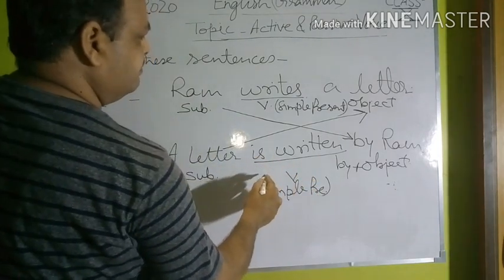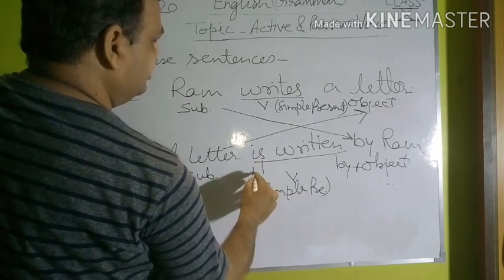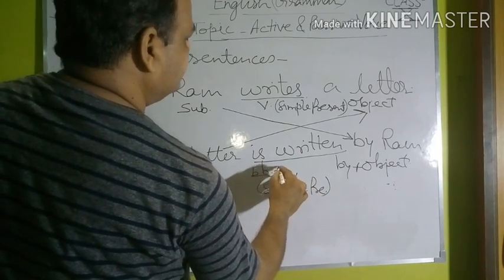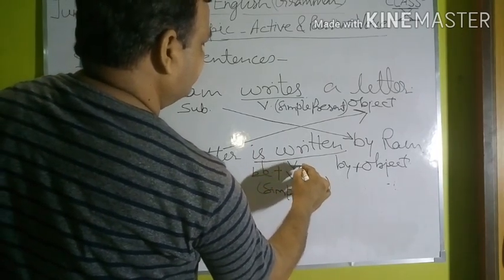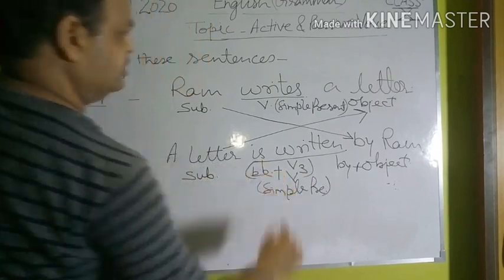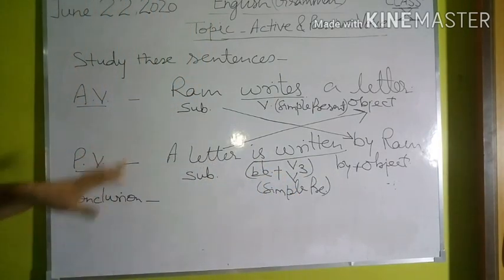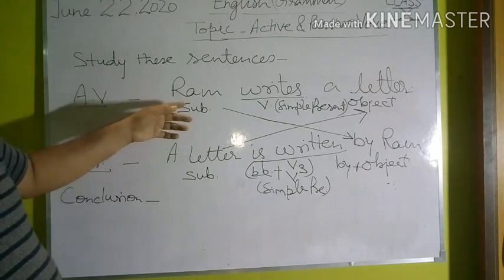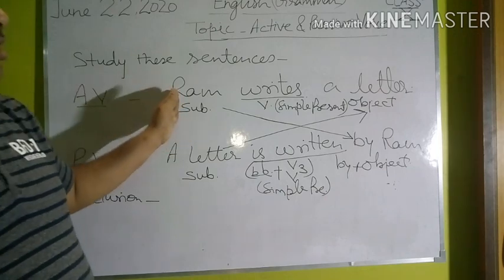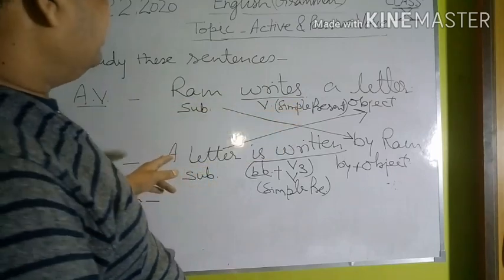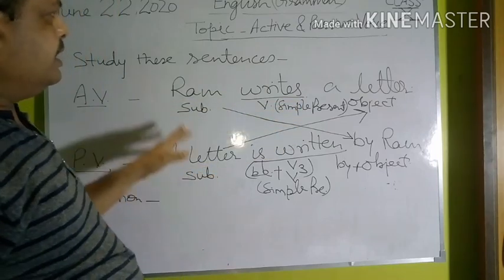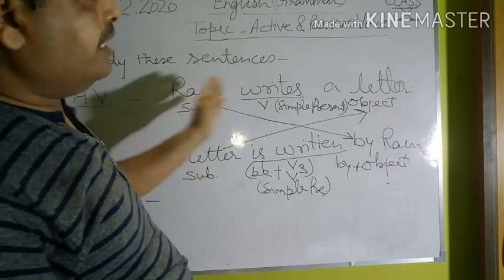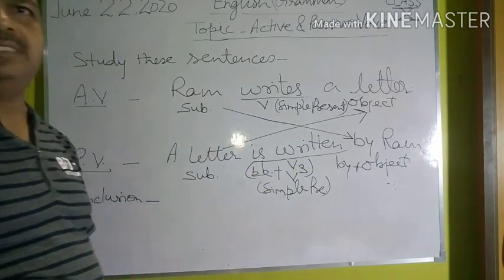So one thing is clear: when we write a sentence from active voice to passive voice, the object of the active voice becomes the subject in the passive voice, and the subject of the active voice becomes the object in the passive voice.